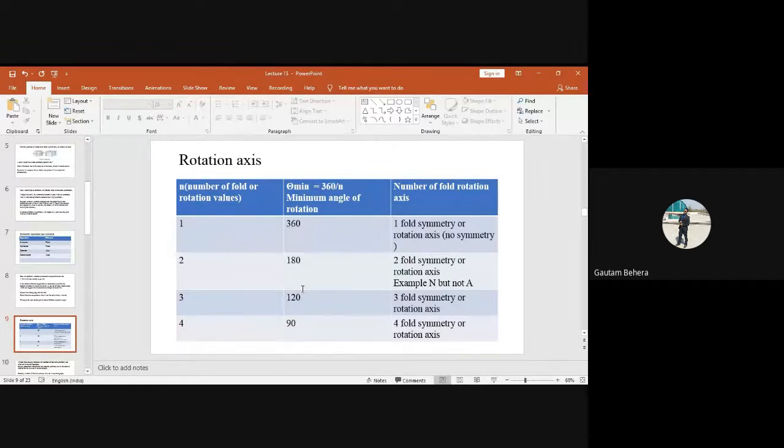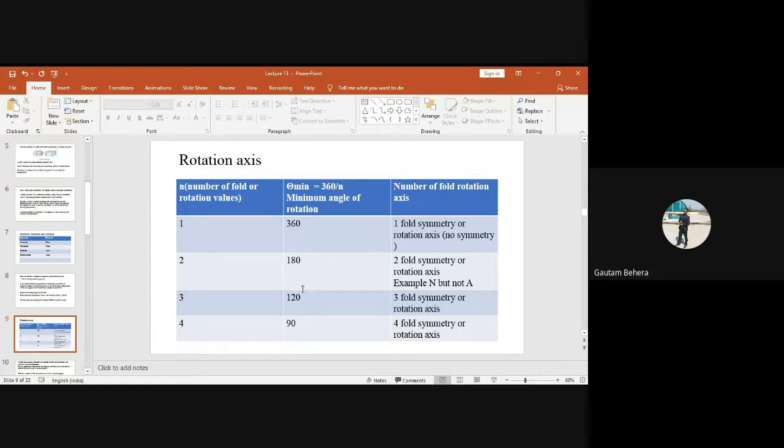Suppose you take the alphabet A. Now you rotate it by 180 degree. What will happen to the alphabet A if you rotate it by 180 degree? Will A come into self-coincidence? Yes or no?